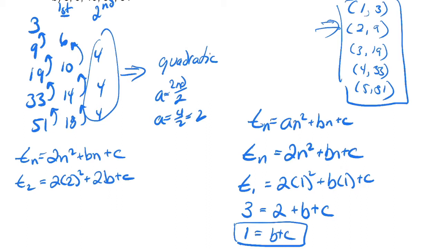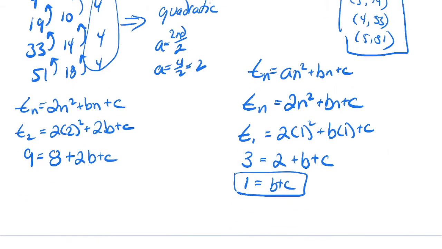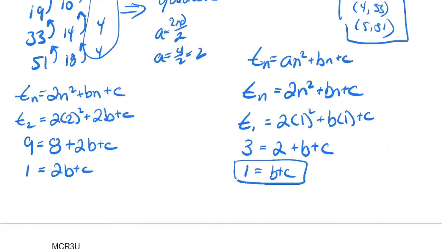And we know the value of the second term is 9. So 9 is equal to 2 times 2 squared. 2 squared is 4, times 2 is 8, plus 2b plus c. We subtract 8 from both sides and get 1 is equal to 2b plus c. So we're going to solve this now.